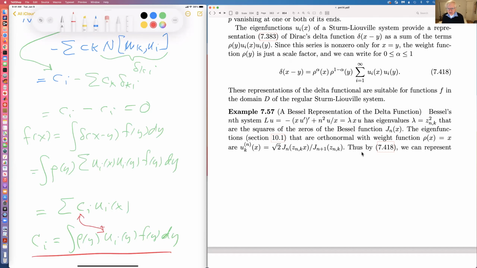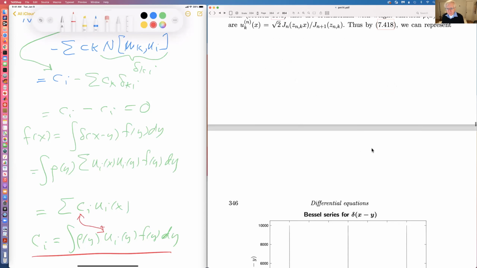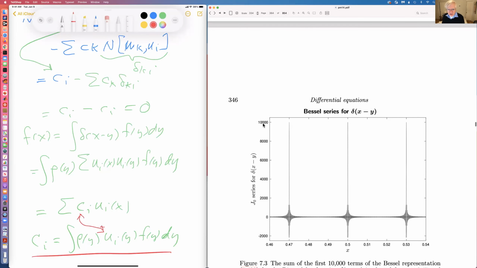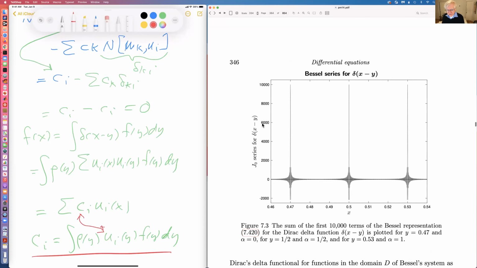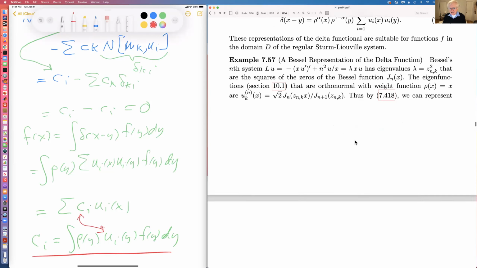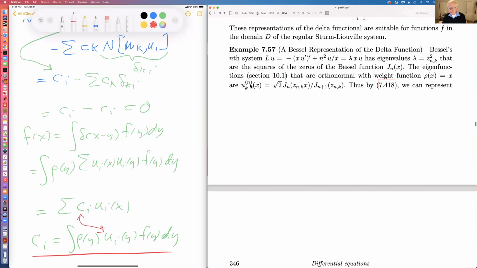And as an example of that, I did a MATLAB plot of the first 10,000 terms of a Bessel representation. So here I use Bessel functions, and the eigenfunctions that are normalized were U_nk, with this ratio.